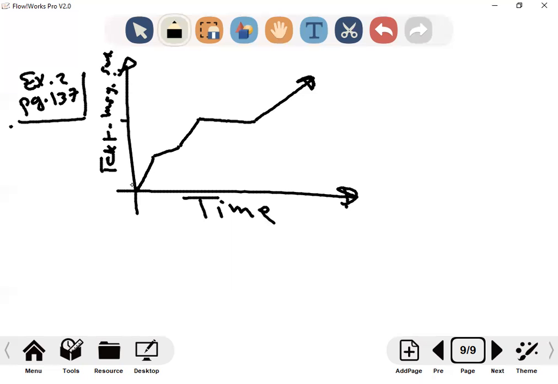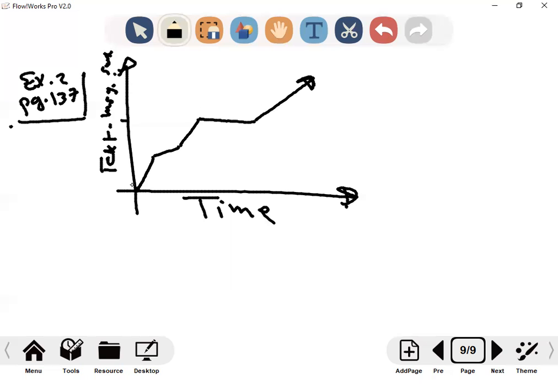Then, sorry. The horizontal line means that time always increases. Again, the horizontal line means that time is increasing, but the number of text messages remains constant. Okay.